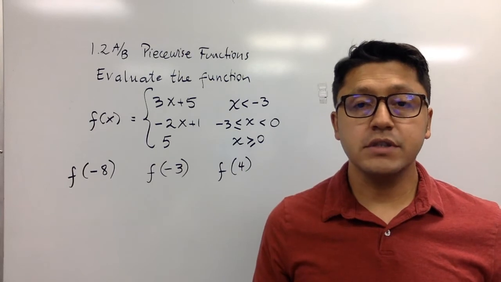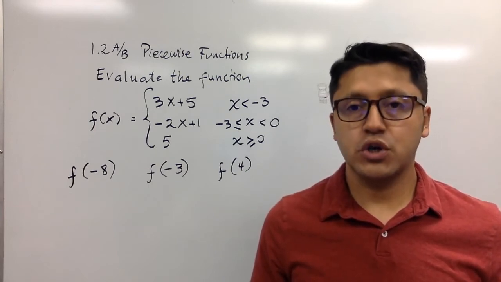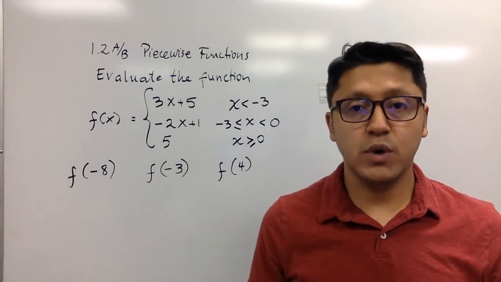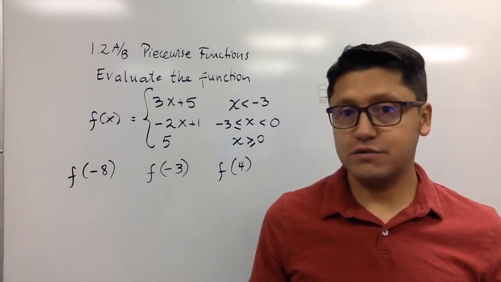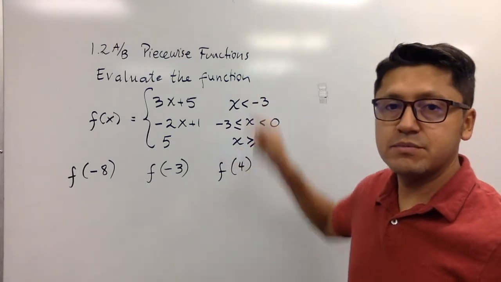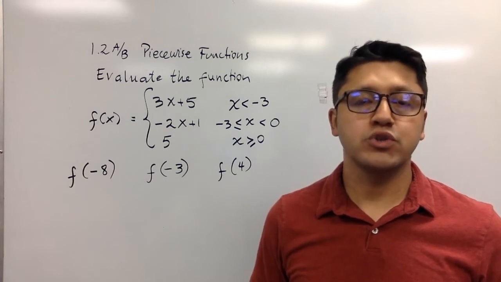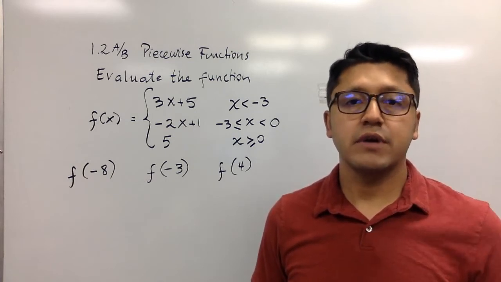The difference this time is that I need to make sure which of the portions of the piecewise function I have to use, depending on the limits given by the domain of the piecewise function. So we're going to do three evaluations this time.